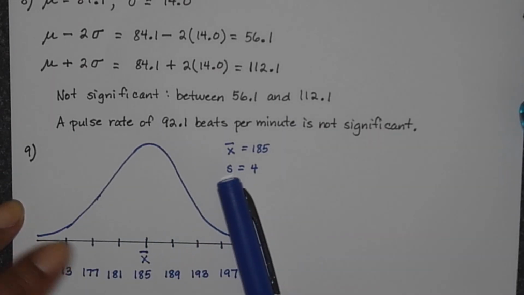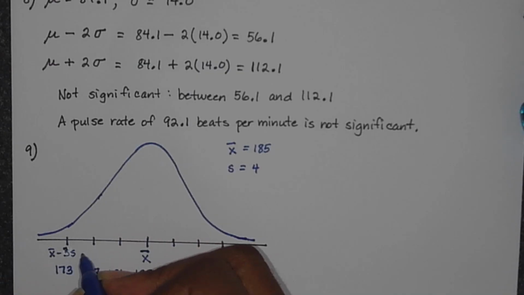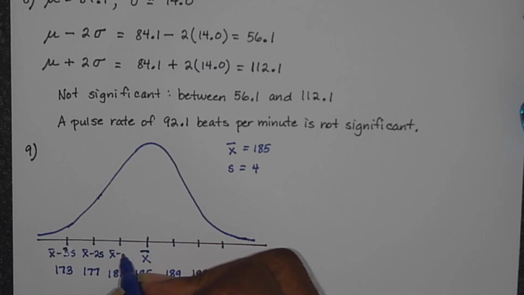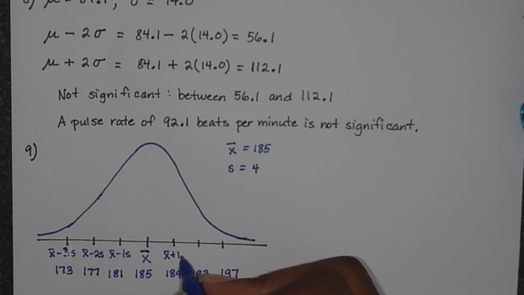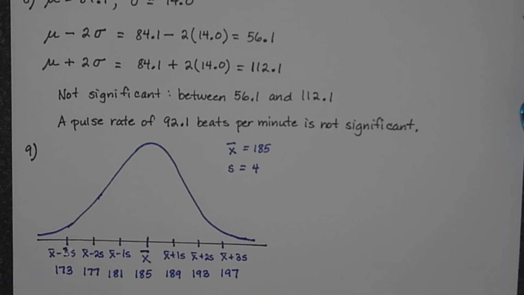So let me fill that in. And then x bar minus 2 standard deviations, x bar minus 1 standard deviation, and then x bar plus 1 standard deviation, x bar plus 2 standard deviations, and x bar plus 3 standard deviations.